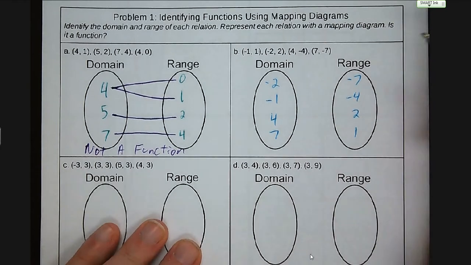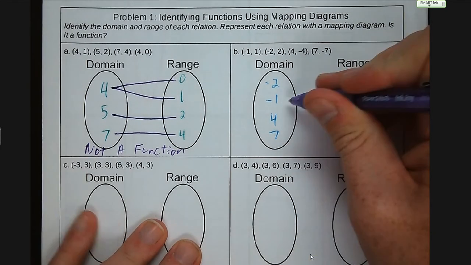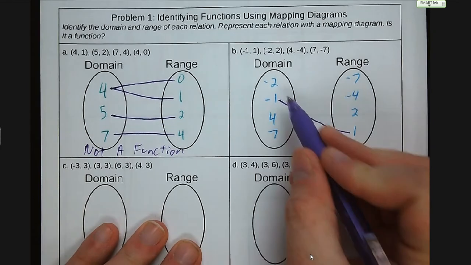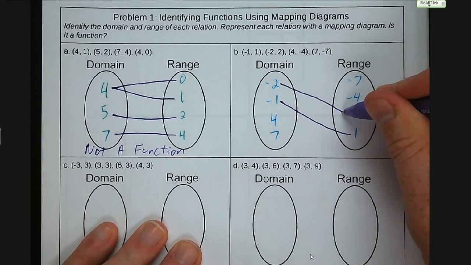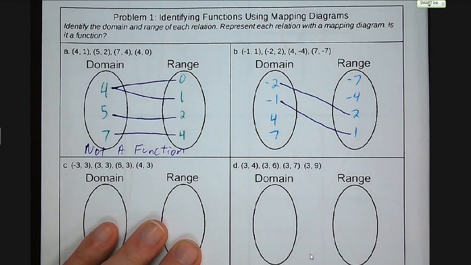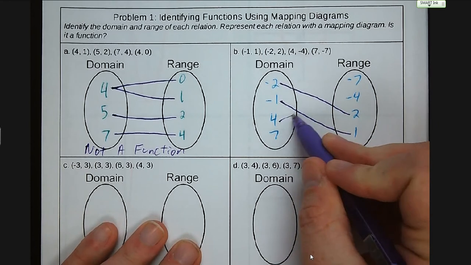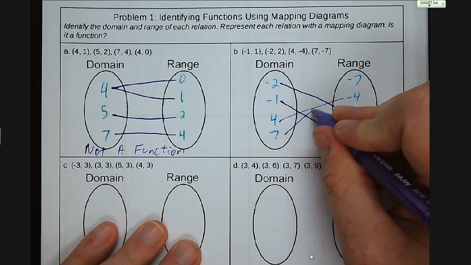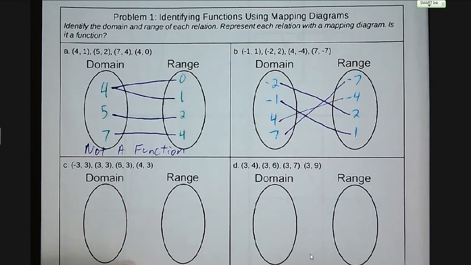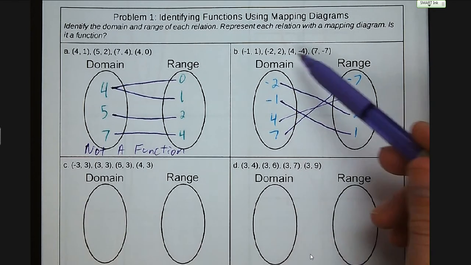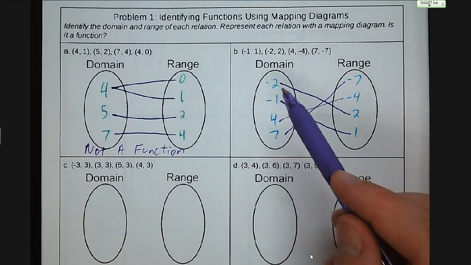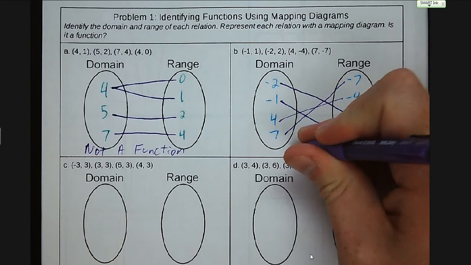So -1, 1 is going to go from there to there. -2, 2 is going to go from there to there. 4, -4 goes from there to there, and 7, -7 goes from there to there. Now, does each of our inputs have exactly one line coming away from them? They do. So this would be a function.